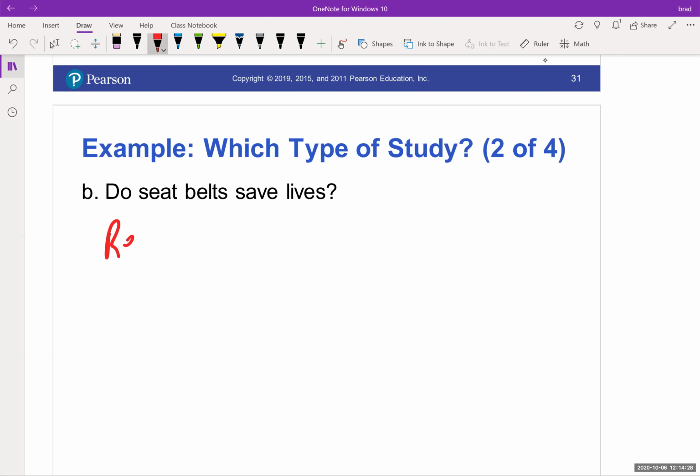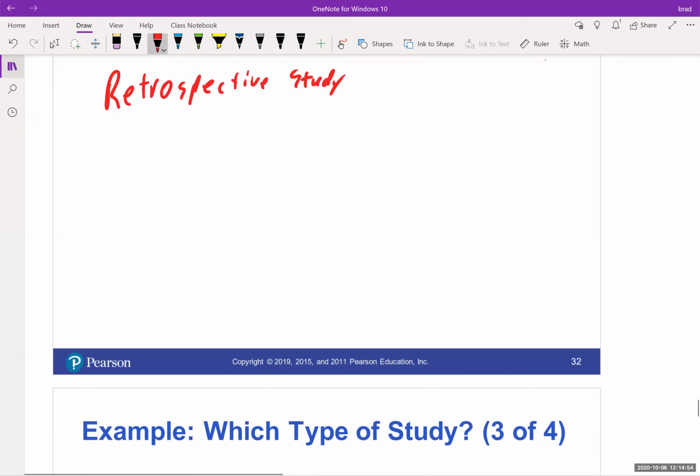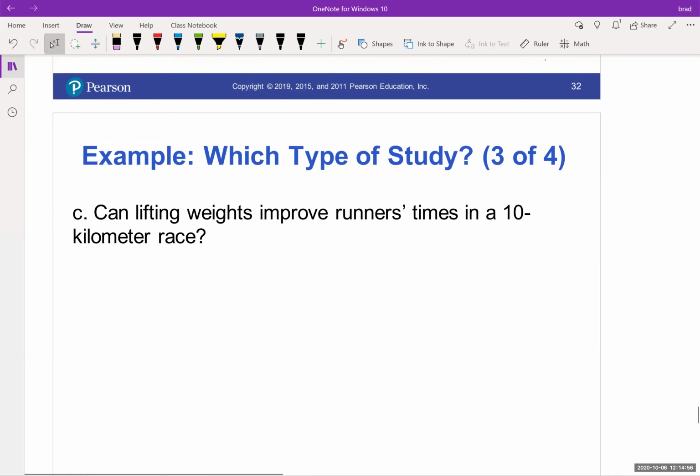I hope you see why you couldn't do an experiment, because you'd basically be asking people to risk their lives just so you could gather some data. But if you did a retrospective study, then you could take data from past car accidents that have already occurred and see the fatality rate of people who wore a seatbelt versus those who did not. So definitely retrospective would be the way to go on that one.